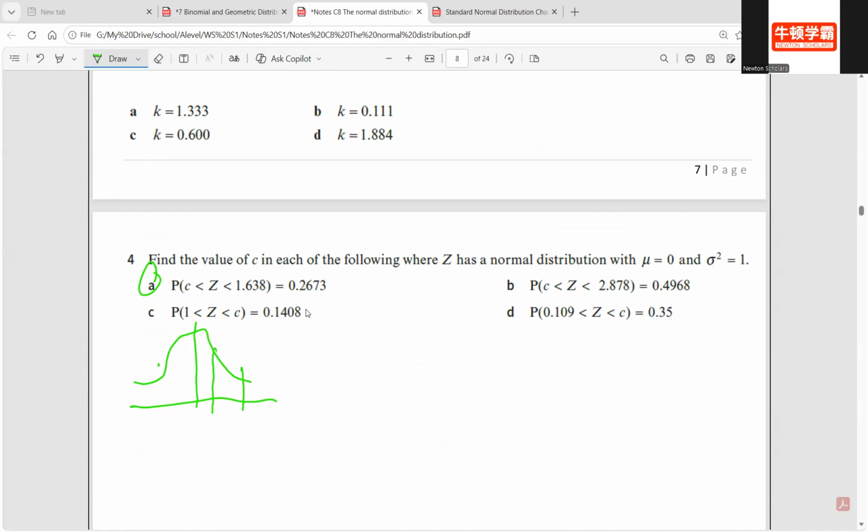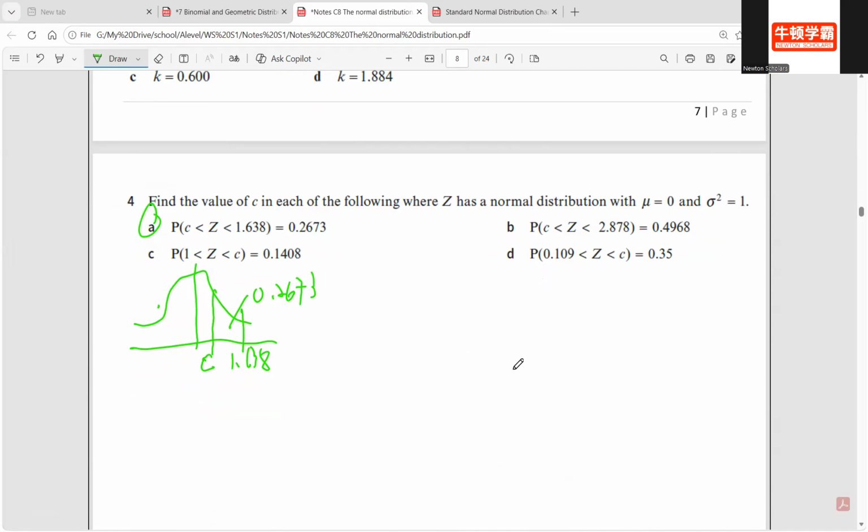It must be only this side, because half of it is 0.5. So the C should be in this area, 1.638. This area will be 0.2673.